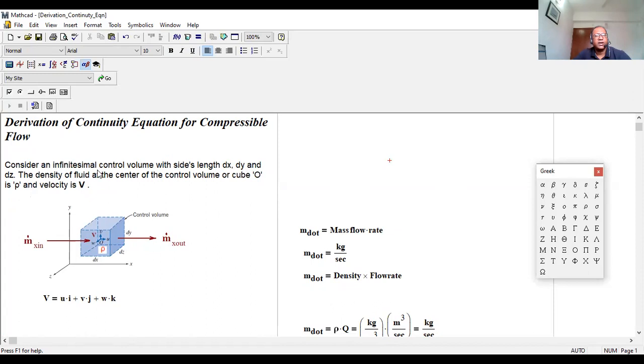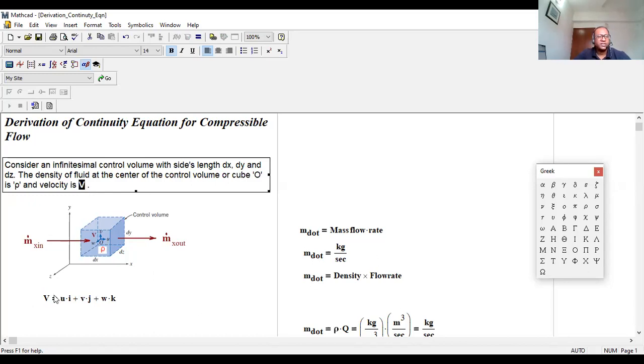Consider an infinitesimal control volume with side lengths dx, dy, dz. The density of the fluid at the center of the control volume, O, is rho, and the velocity of the fluid particle is the vector v. That's why I made it bold.